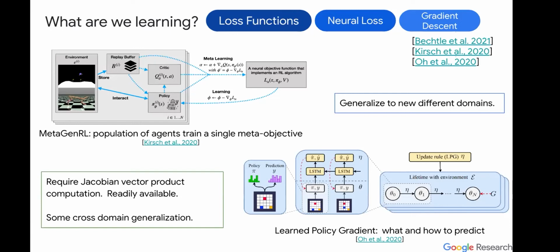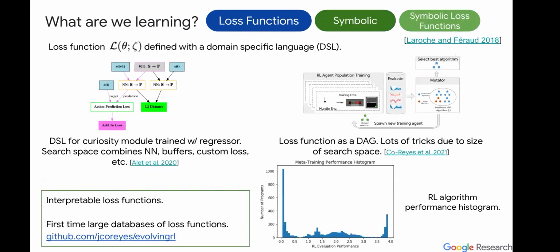And all of them do some cross-domain generalization. This one, I believe, goes from toy environments to Atari games and so on. So this is promising. This is kind of where we want to get to, really cross-domain generalization.